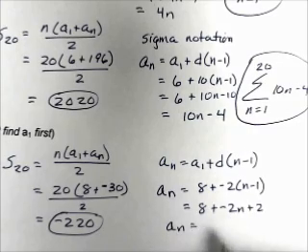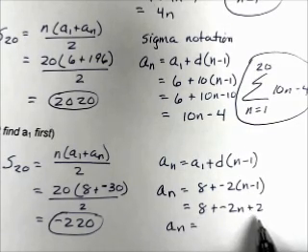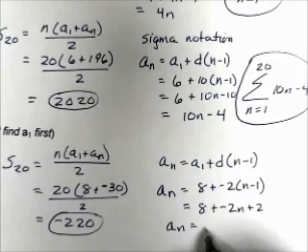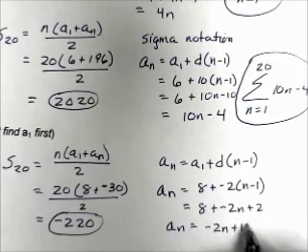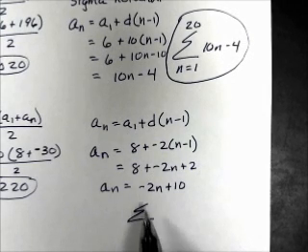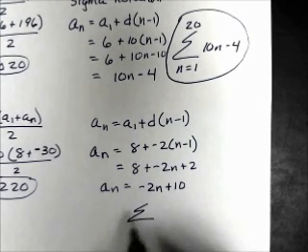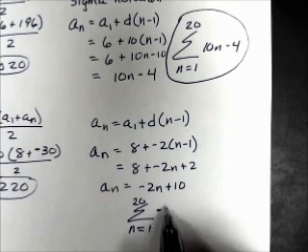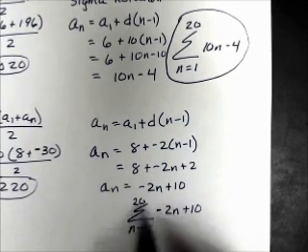So our rule is a sub n equals 10 minus 2n, or negative 2n plus 10. In summation notation, the sum of n going from 1 to 20 of negative 2n plus 10.